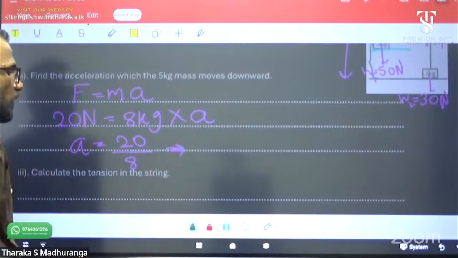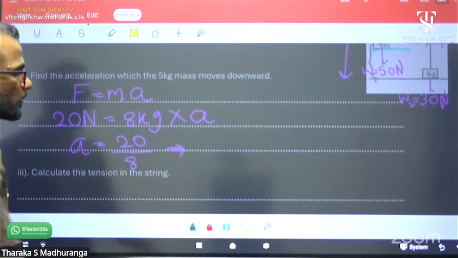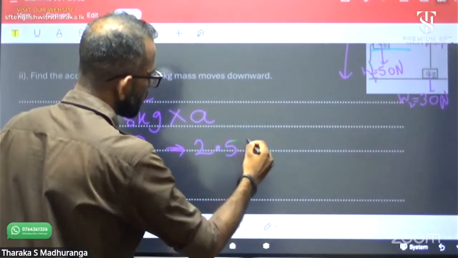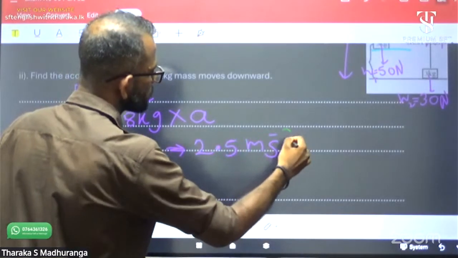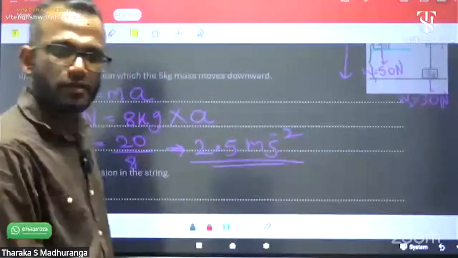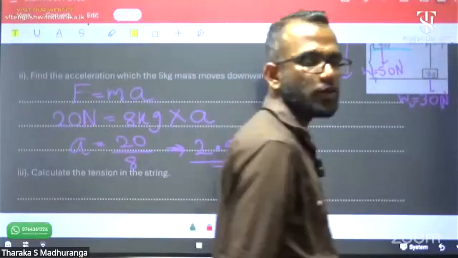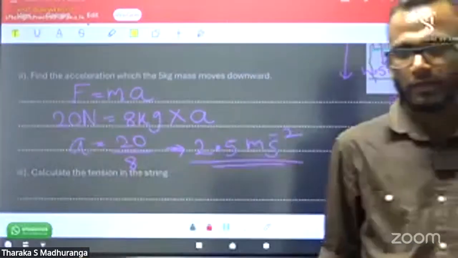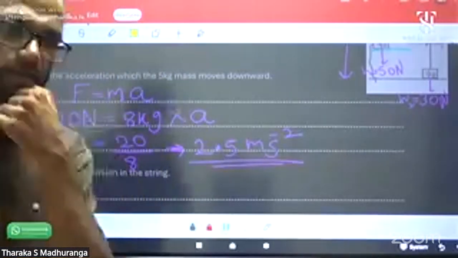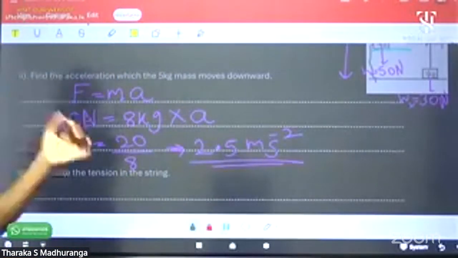It is 10 divided by 4, 2.5 meters per second squared.